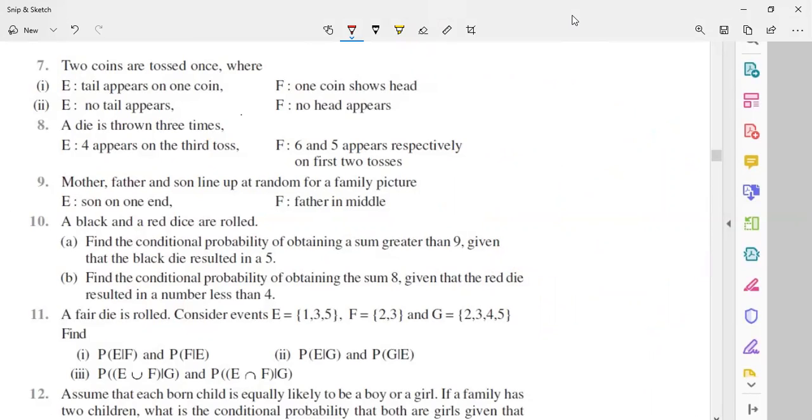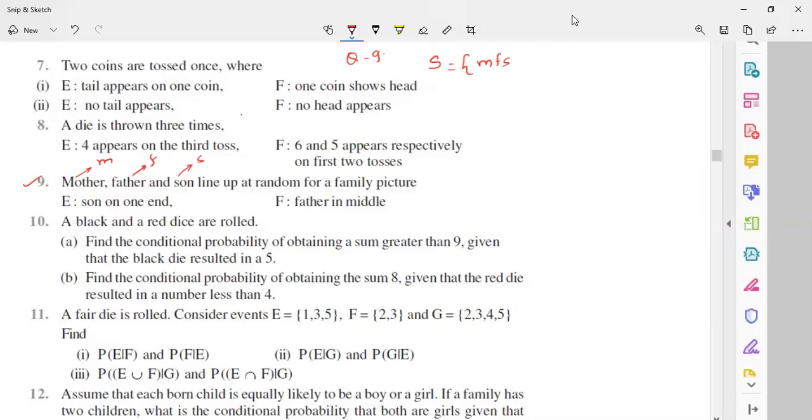Mother, father, son line up at random for a family picture. What will be the sample space if they are lining up in the same line? This is question number 9. M can stand, then F, then S, where M stands for mother, F for father, and S for son.